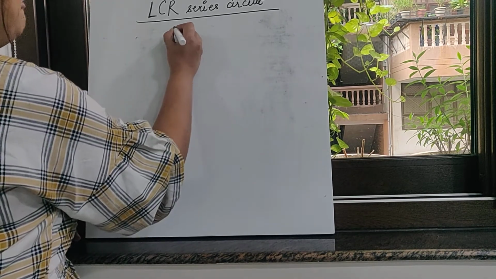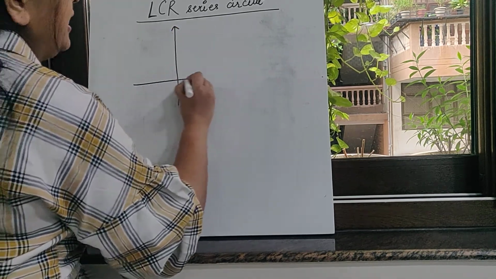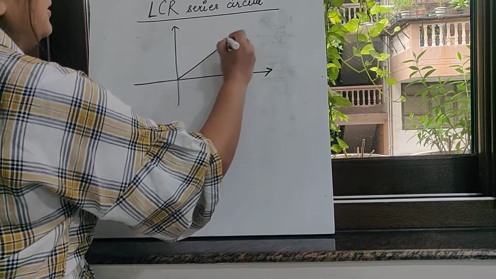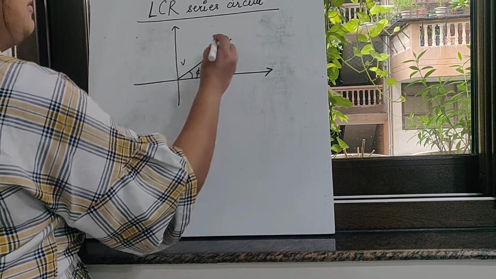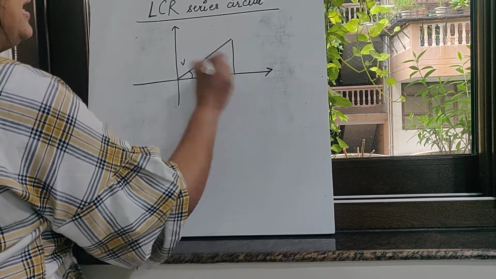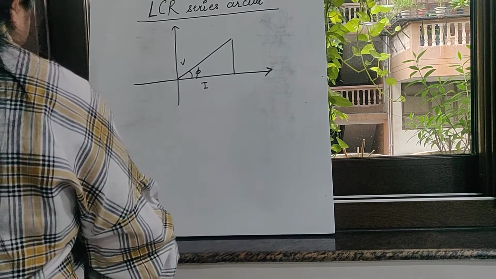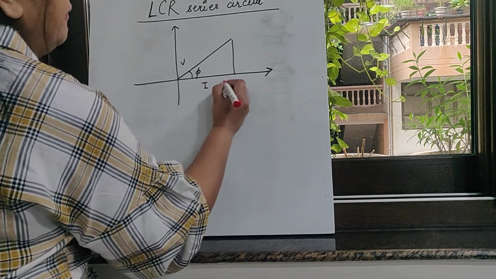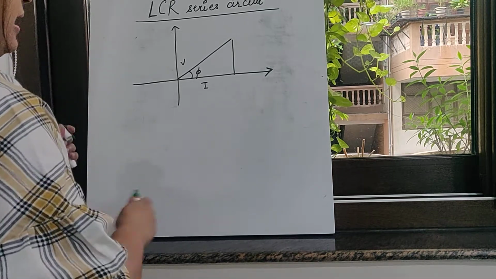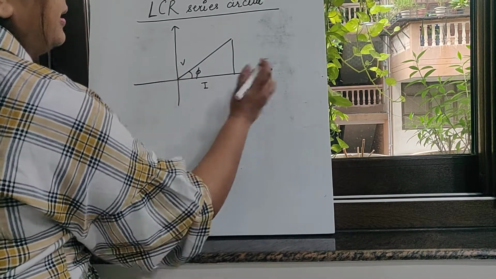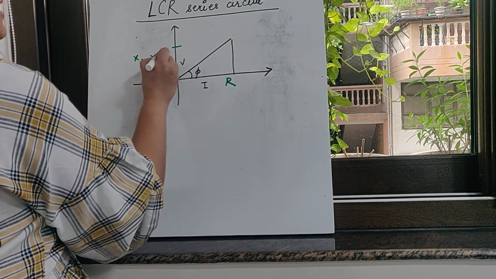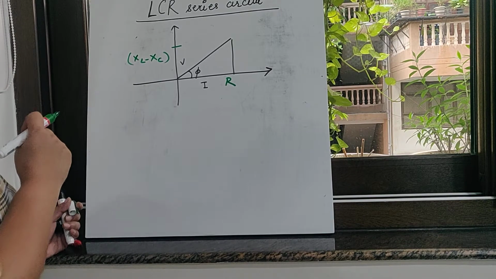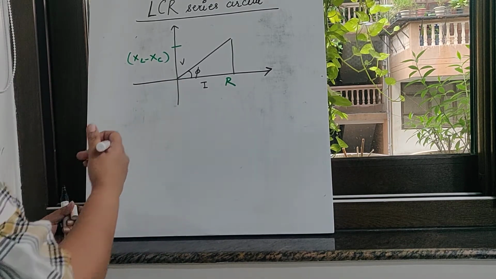Now to be able to understand how we can make phi 0, I will have to redraw this diagram. So this was voltage, this was current, this was the angle between them, right? Further, we can also write it like this: if this is representing the resistance R, then this would be representing XL minus XC, that is the reactance offered by the inductor and capacitor.